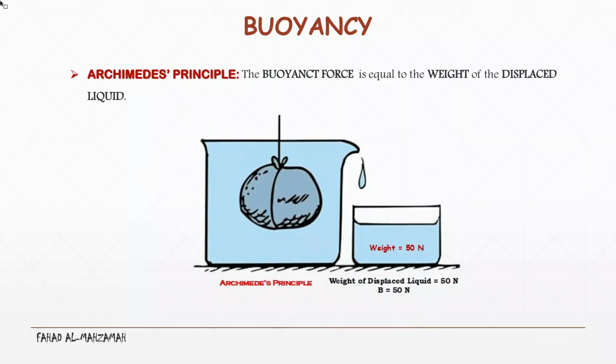Now, this is an example, okay? So after we take the weight of the displaced liquid, we find that, for example, it's 50 Newton. So now we can say that buoyancy is equal to 50 Newton.